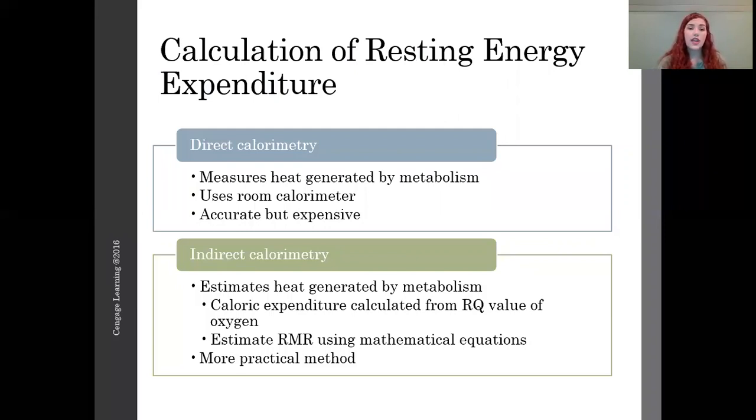Indirect calorimetry, on the other hand, is an estimate that we get by using mathematical equations as well as looking at things like the respiratory quotient. Indirect calorimetry is not as precise as direct because it is an estimate, it's not actually measuring anything. However, it is typically more practical because it does not cost anything and it's more accessible to individuals.